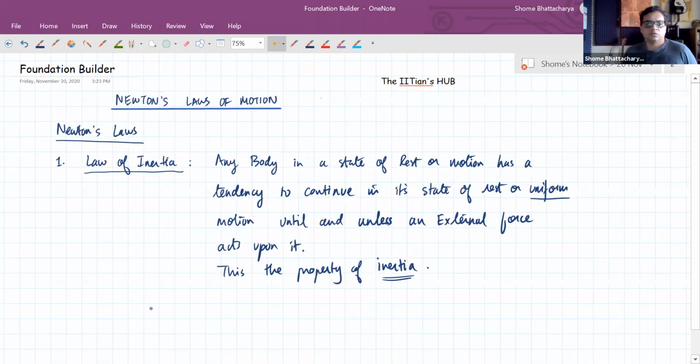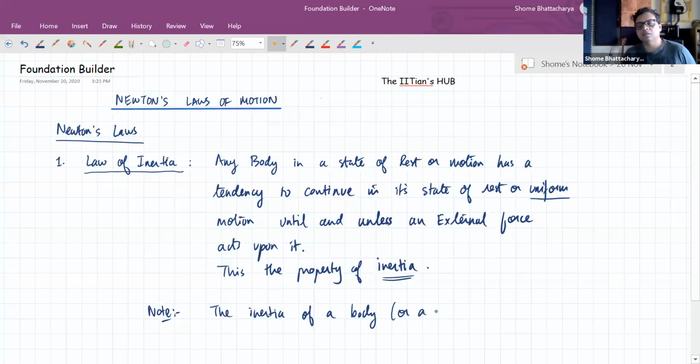Now, of course, you'll also understand here that the inertia of a body, or for that matter even a particle, is measured in terms of its mass. The larger the mass, the greater the inertia the body has.